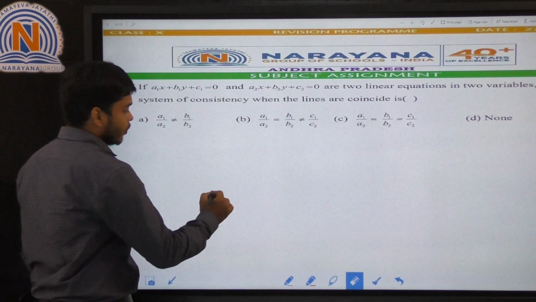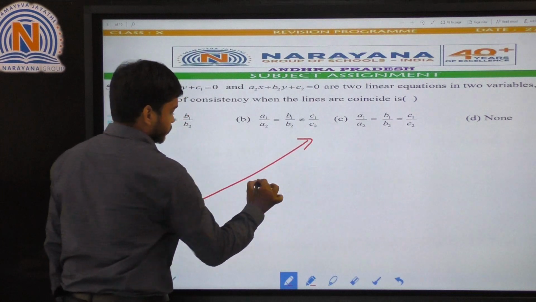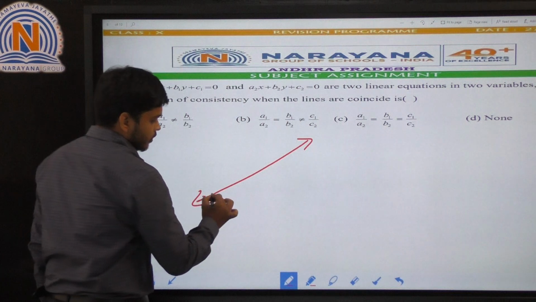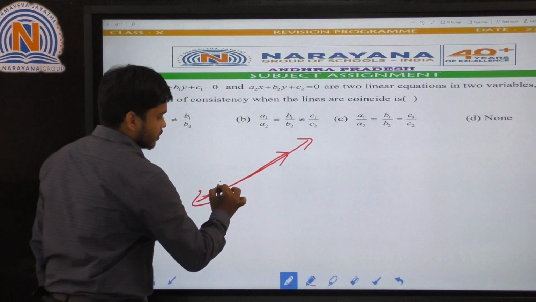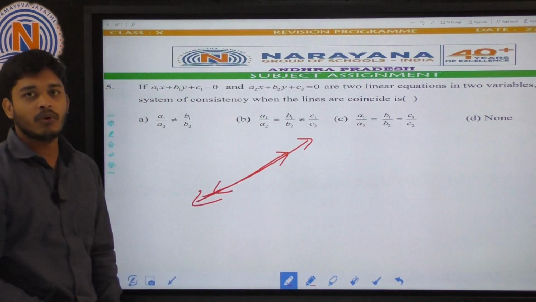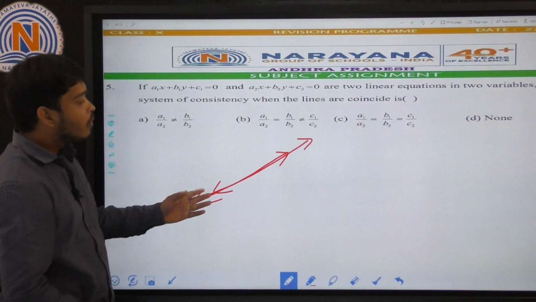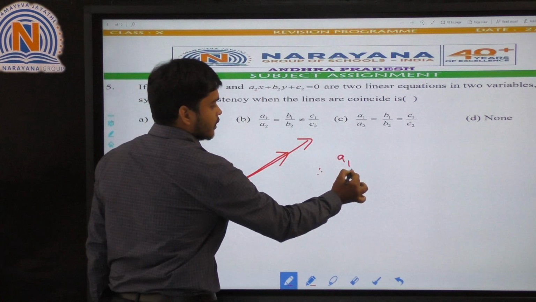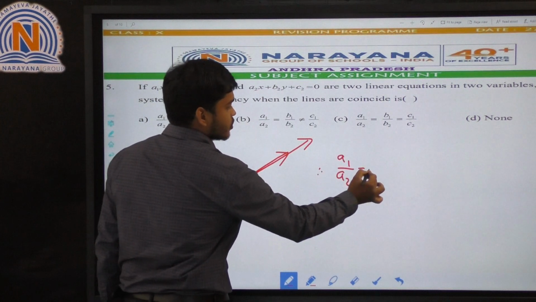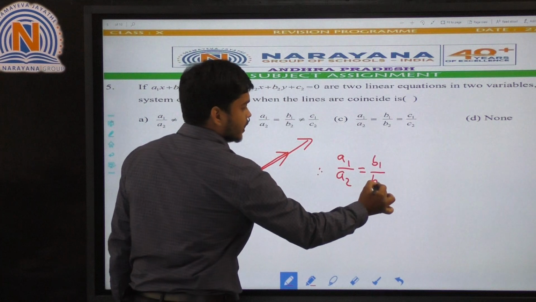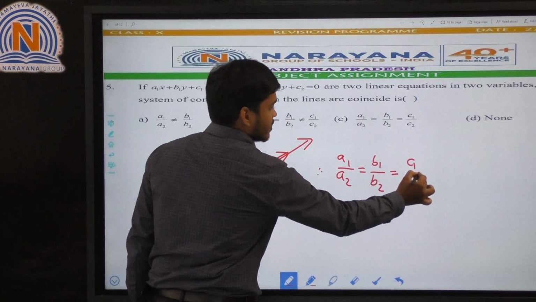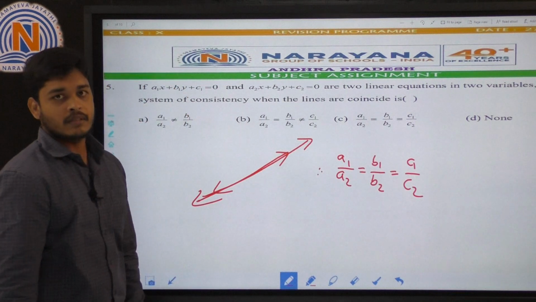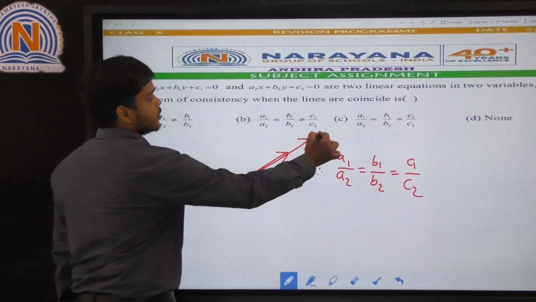See, a line and one more line which is on the same line: overlapping lines, coincidental lines. What is the condition? a1 by a2 is equal to b1 by b2 is equal to c1 by c2. So all the ratios of coefficients are equal. So option C.